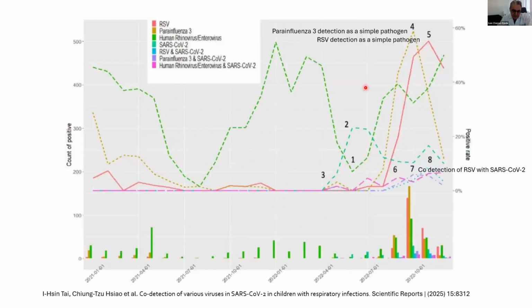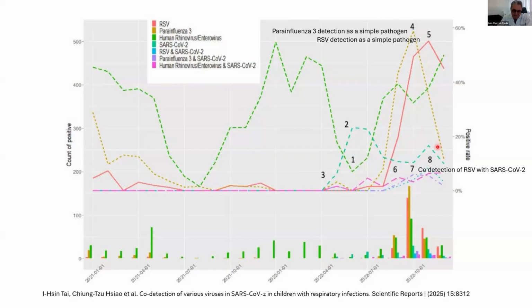Furthermore, in this line chart, we can see that by October 2022, parainfluenza, rhinovirus, and RSV had a peak of detection as a single pathogen, and there is an increase of co-detection of RSV and SARS-CoV-2. This association appeared to hold high significance during the Omicron variant era, compared to the early SARS-CoV-2 variants.